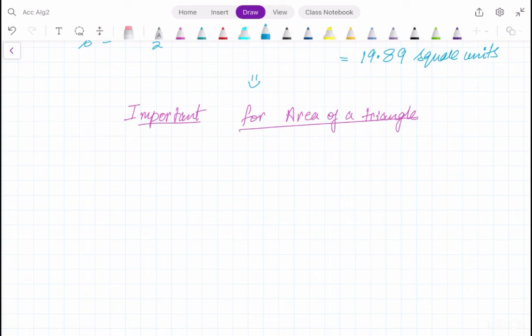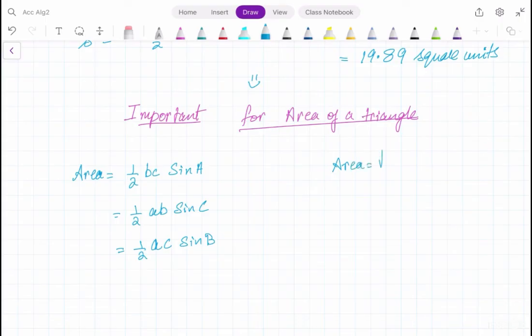Now, how to understand where I need to use Heron's formula and where I need to use the other formulas that we used for the law of sines. For the law of sines, we are using these formulas, the first two conditions of the law of sines. Heron's formula is used when we have the case of law of cosines.